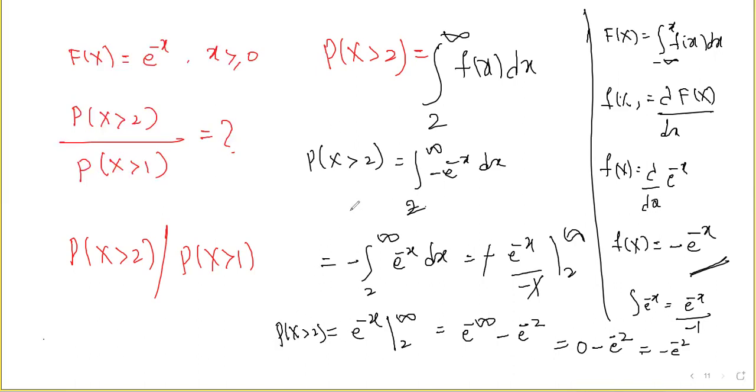Similarly, find out X greater than 1. Probability X greater than 1 means integration from 1 to infinity of minus e power minus x dx. You will get the same as it is. The final answer will be minus e power minus 1, right? Suppose it is divided: probability X greater than 2 divided by probability X greater than 1.